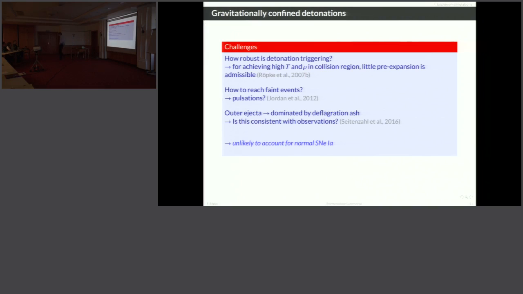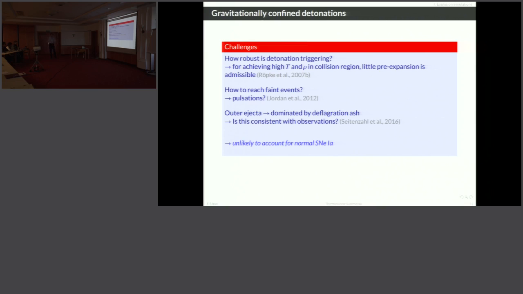There are some challenges to this model. First of all, it's not clear how robust the detonation triggering is. We've looked into the possibility of achieving high enough temperatures and densities in the collision region to trigger a detonation. The outcome is that this actually works only if you have very inefficient deflagration burning, so you need rather little pre-expansion of the star in order to have still high densities and achieve high temperatures in the collision region.